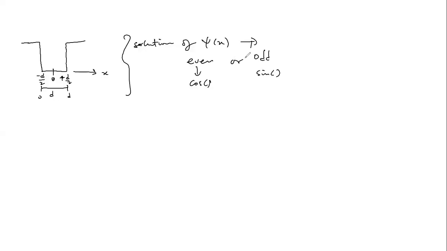So the bottom line is we cannot have both, okay? And going by this, it means that in the well, we are going to have something that looks like this.